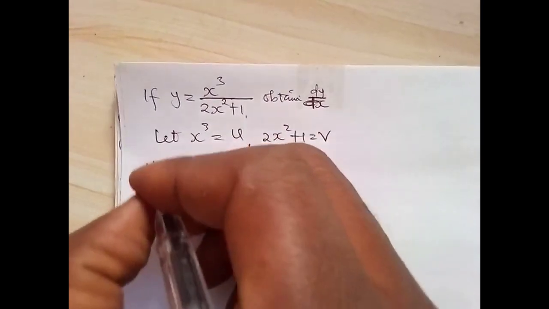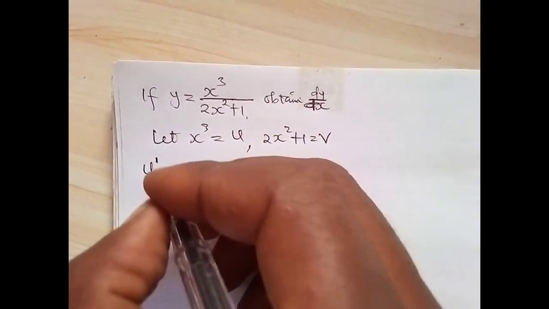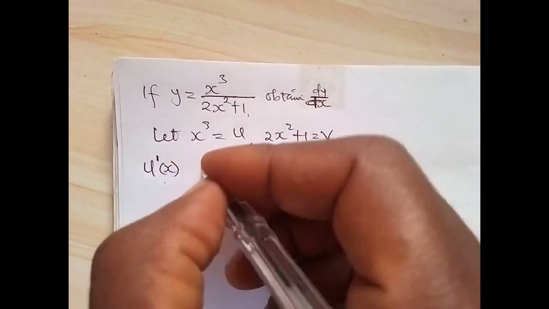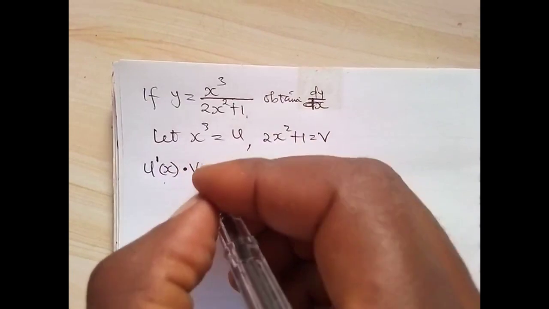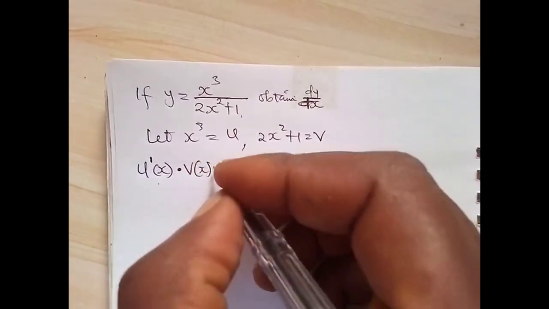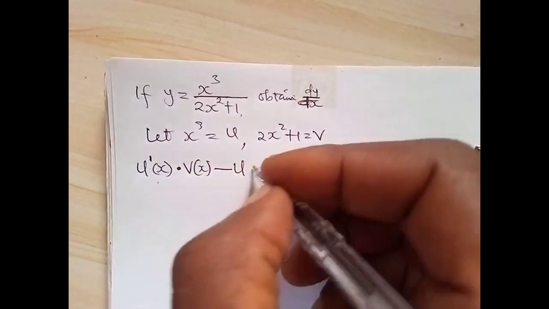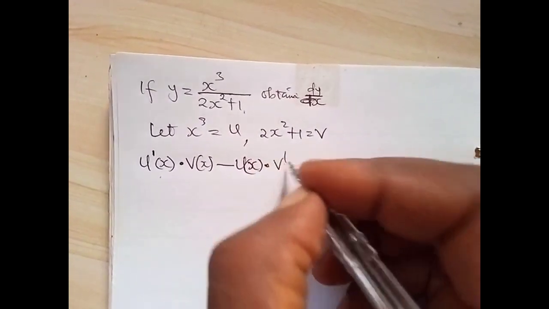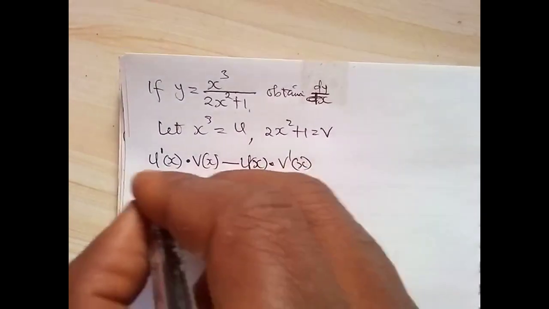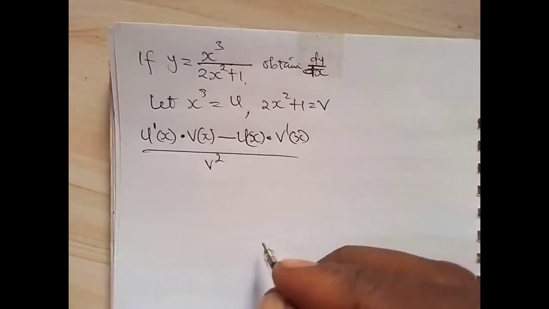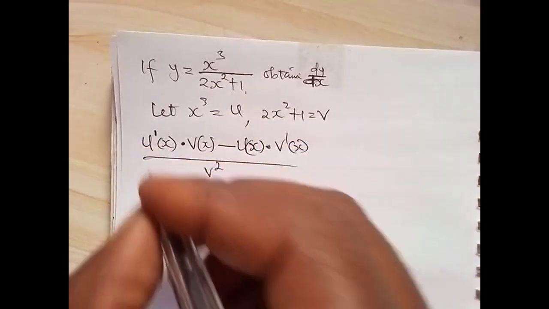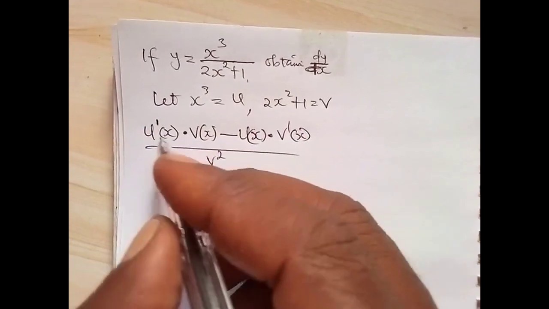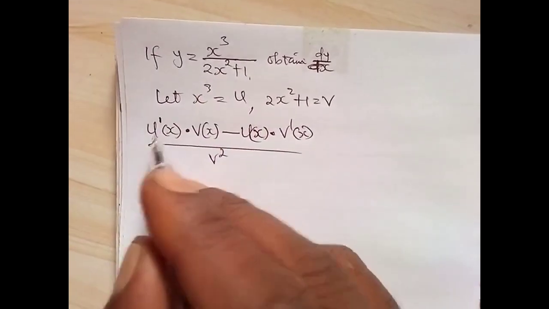The quotient rule says differentiate u with respect to x, times v kept constant, minus u kept constant, times the derivative of v with respect to x, all over v squared.